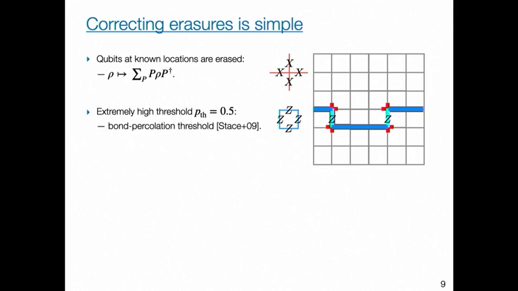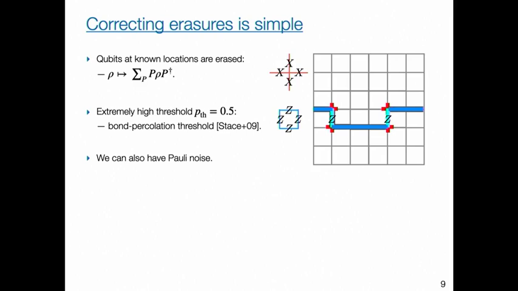So it turns out that erasures can lead to extremely high thresholds. This can be seen by mapping the decoding problem for the toric code to a bond percolation threshold problem on a square lattice, and that's how we arrive at the threshold of 50%.